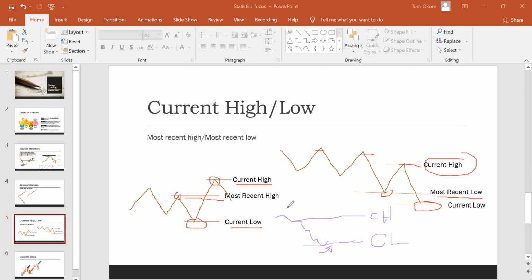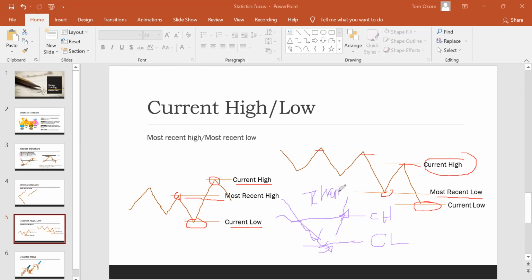We only say the market has turned from this down direction when it has touched the current low and has broken the current high. It must break the current high. Then we can say with confidence that the market has changed direction.